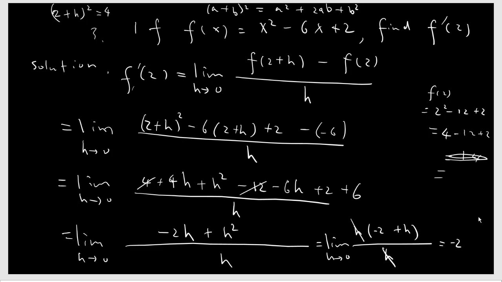So what's 2ab? 2ab is 2 times 2, then times h. So you have 4h. And then plus b squared, your b is h, so h squared. So that's how I got these three terms. Okay.